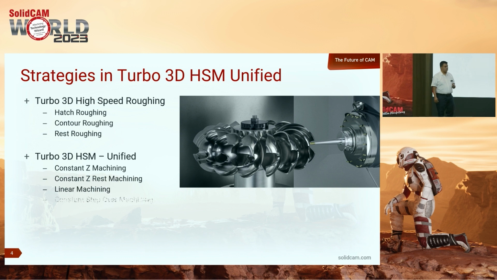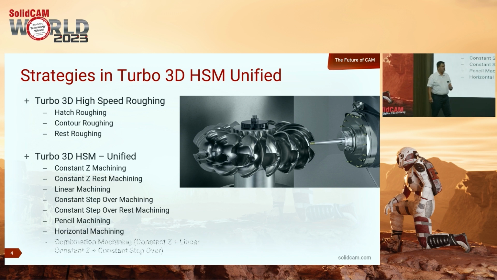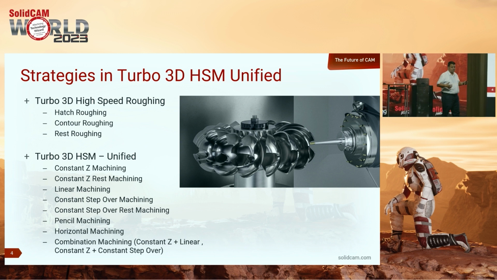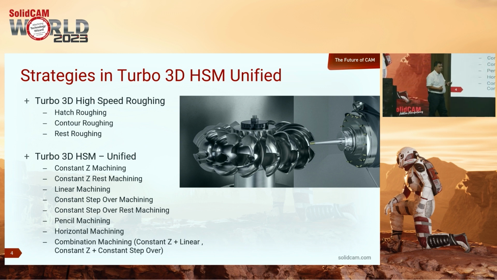And of course, in finishing, we have a host of machining strategies, and I consider geodesic machining to be a part of this. The geodesic machining, when added to the unified engine, completes the offering that can, I can confidently say, replace our legacy HSM engine. You can totally stop using it, and you can move completely to the unified engine along with the geodesic engine.